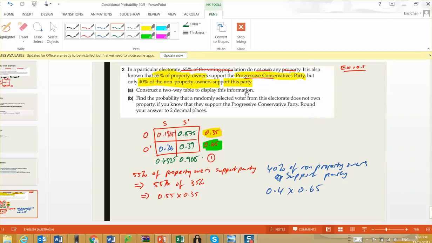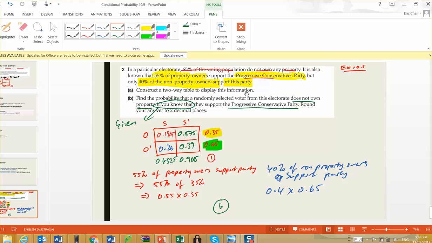Now, we filled out the table. That was the hard part. Now we're working on part B. Find the probability that a randomly selected voter from this electorate does not own property, given that they support the Conservative Party.